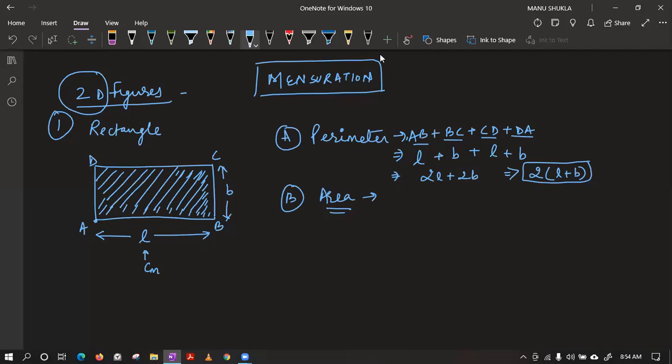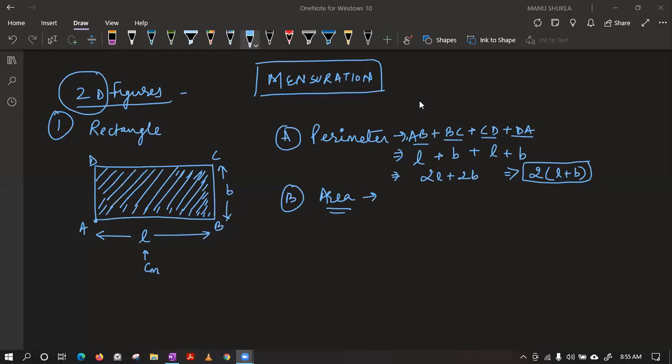Class, it is an application of that concept only. You must have heard, for our farmers to protect their lands, they put some barbed wire on the boundaries of the land. So if they know the concept of perimeter, they will easily measure all the lengths and then they will go to the shopkeeper and buy the barbed wire and put it easily.